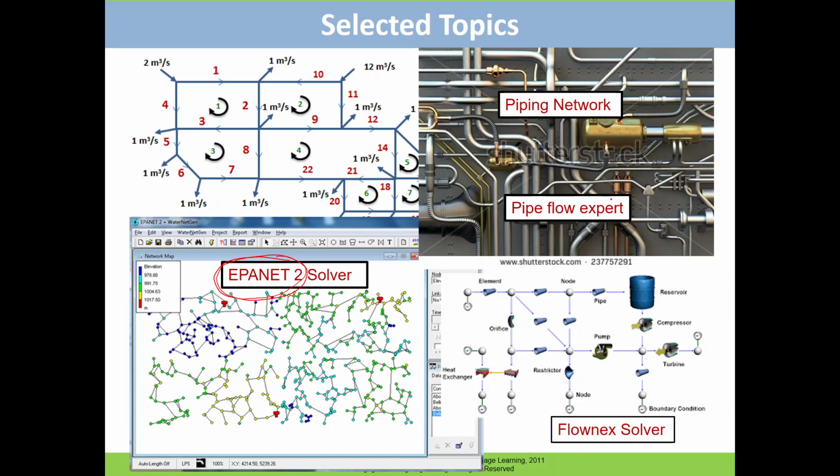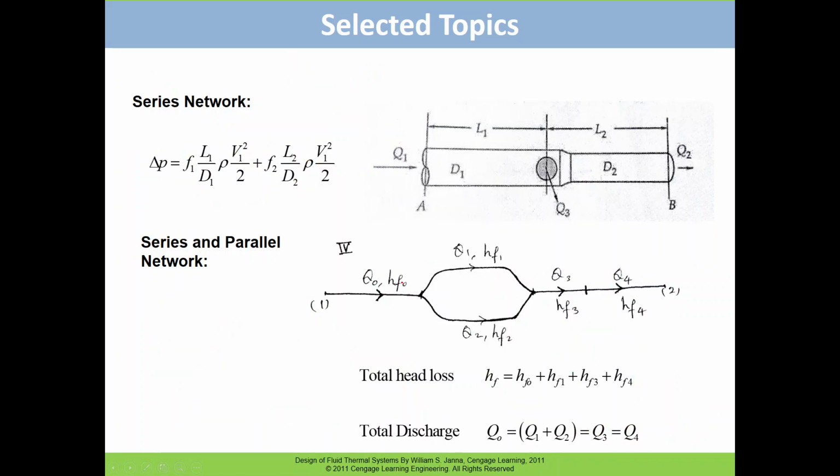Then we have Pipeflow Expert, which is a little bit more advanced, with more features and more user friendly. And then we have some other solvers also. Because the piping network doesn't involve too many equations, there is a simple algorithm behind it that can be used to solve the network problems.